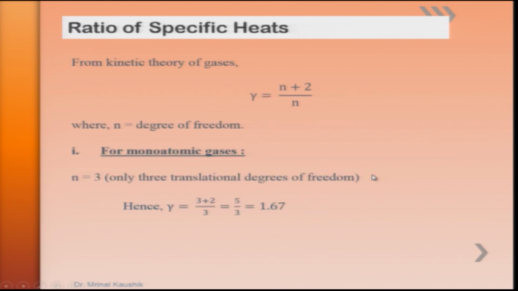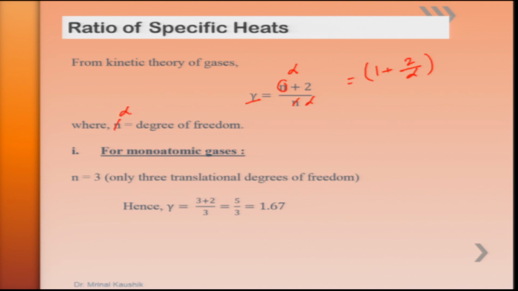Now, we can see from the kinetic theory of gases, we have defined here, the symbol we have used is alpha, and we have said that 1 plus 2 by alpha is nothing but the general gamma for polyatomic gases, where alpha is nothing but the degrees of freedom.